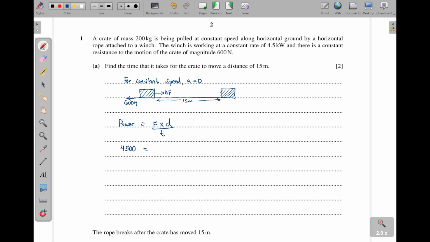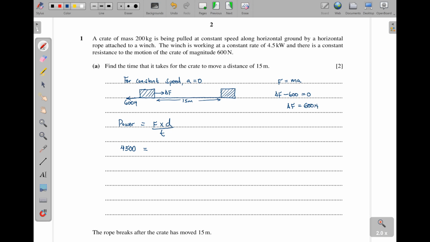And then the force here, since we are having this minus this, when you use F equal to MA, you are going to have the driving force minus the resistance force equal to 0 because acceleration is 0. So the driving force is going to be equal to the 600 newtons.